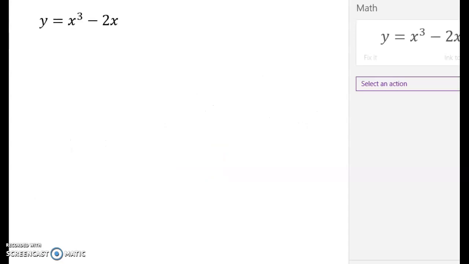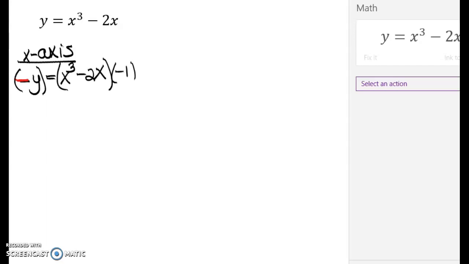I'm going to go through the same steps here. So we're looking, does it have x-axis symmetry? For x-axis, you replace y with negative y. Now again, notice at this point some of you might recognize it's not going to have that x-axis symmetry because of that extra y. But if you need to, go ahead and we can multiply both sides by negative 1 if you want to try and simplify it.